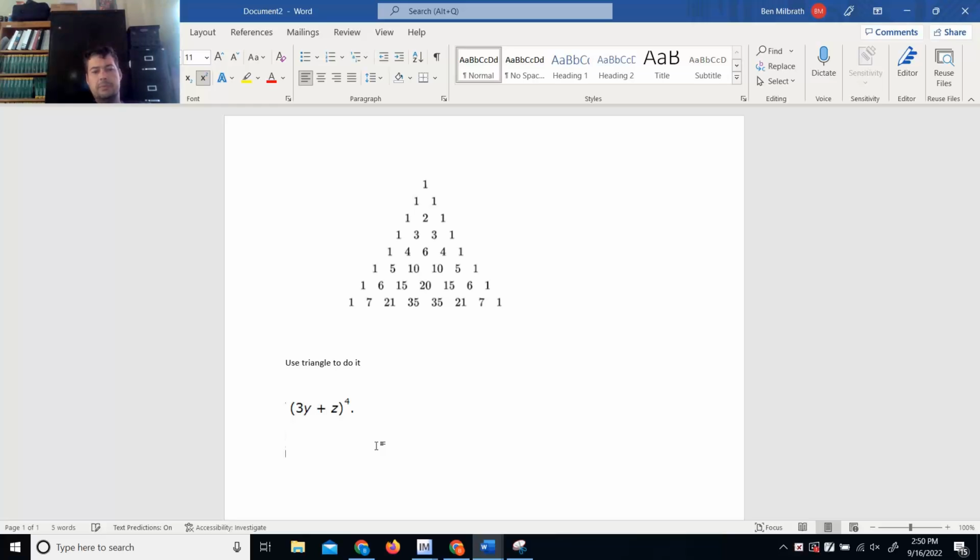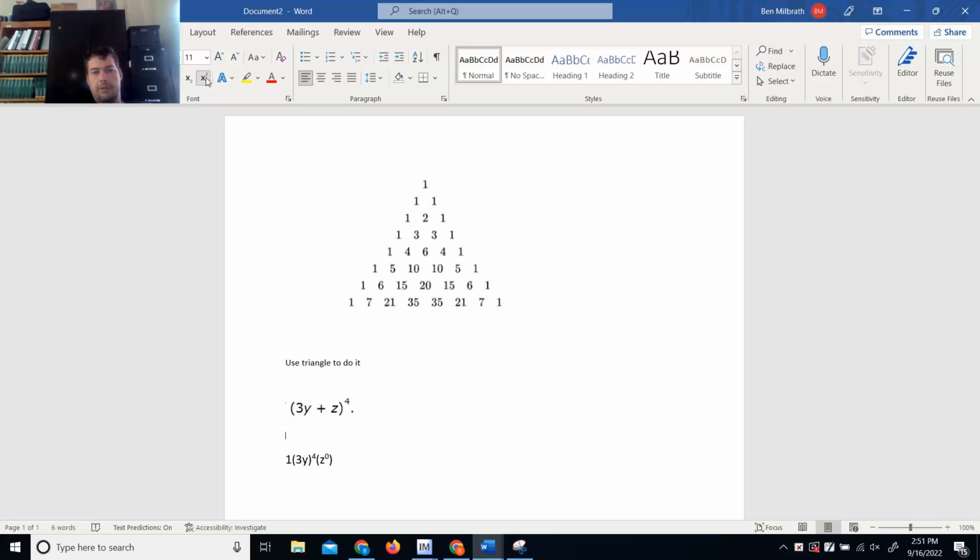That's it. So the first thing you do is you take your 3y, and I'm just writing this out so I have the placeholders. I take all of 3y, I raise it to the fourth. I multiply that by z to the 0. And I forgot to mention the constant here.